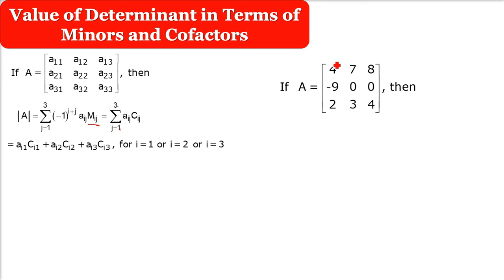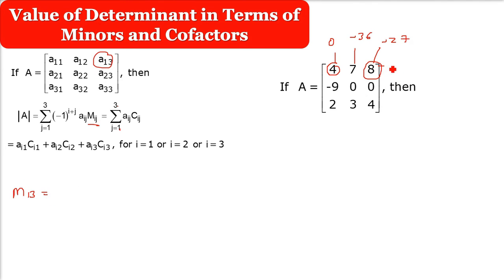If you remember, for this 4 the minor was 0, for 7 the minor was negative 36, for 8 the minor was negative 27. So let me give you a hint again on how to find the minor. In order to find the minor of 8, just to recall, the minor of A13 will be M13.